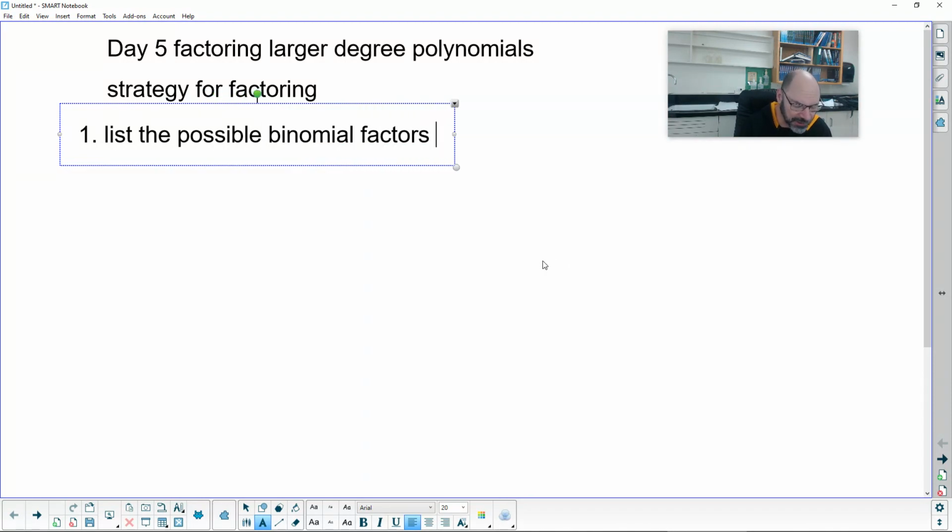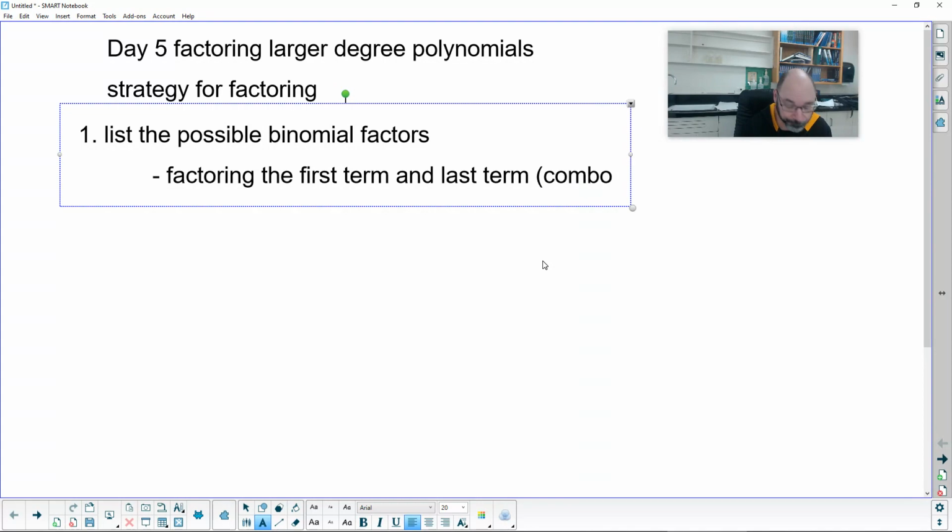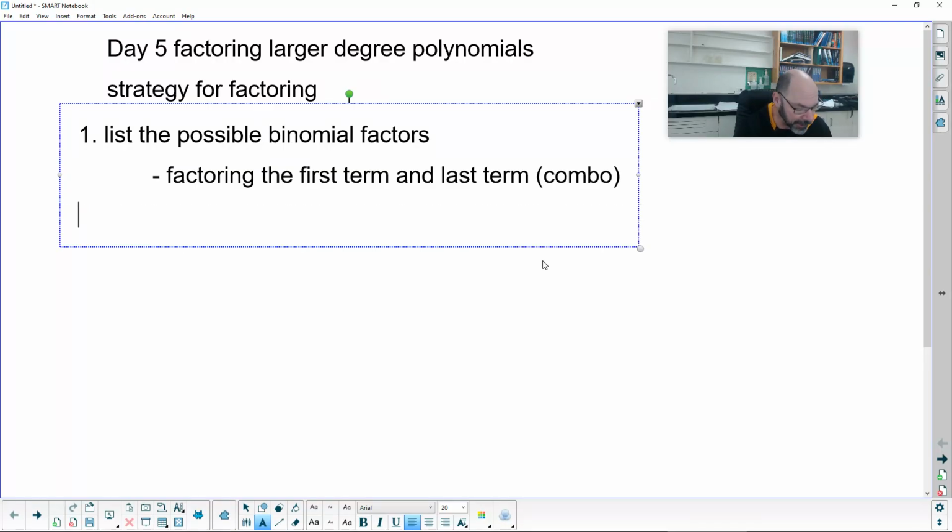We do this as a subset underneath it, by factoring the first term and last term. So we do a combination, and I'll demonstrate that. That's the first thing we do. Then the guessing and checking happens after that.